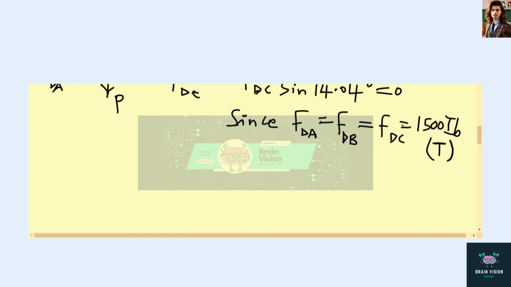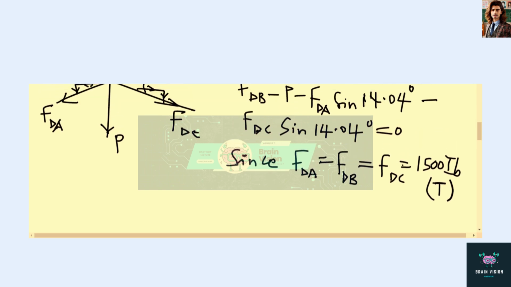So if we put this in mind and consider this equation here, we are going to arrive at F subscript DA. You can take any one, either DA, DB or DC, since they are equal, to be equal to P.